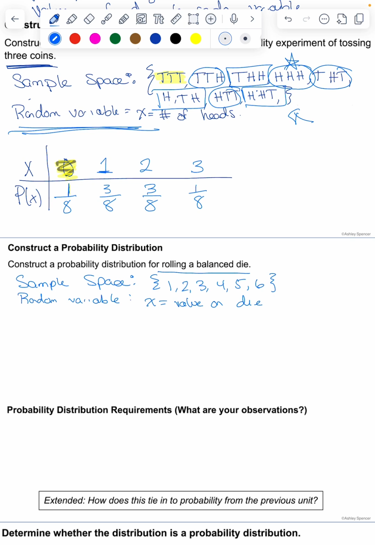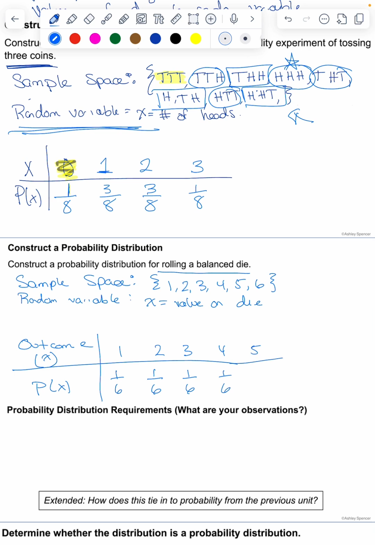According to this, the probability of getting 1 is 1 out of 6. The probability of getting a 2 is 1 out of 6. The probability of getting a 3 is 1 out of 6. 4 is 1 out of 6. 5 is 1 out of 6. 6 is 1 out of 6.